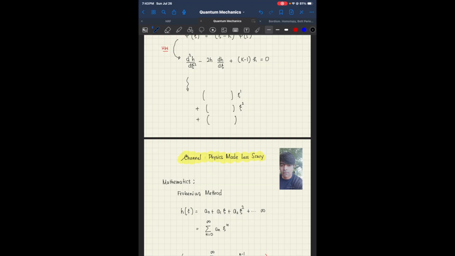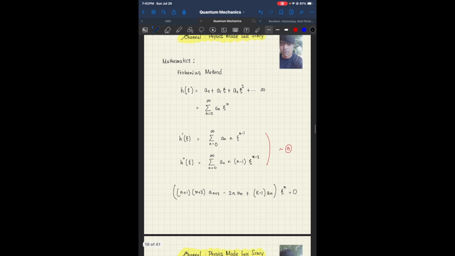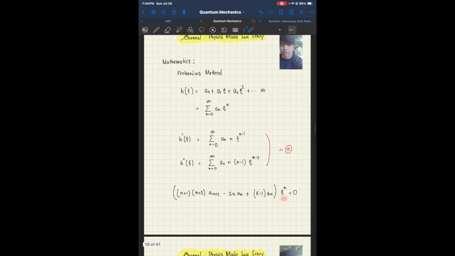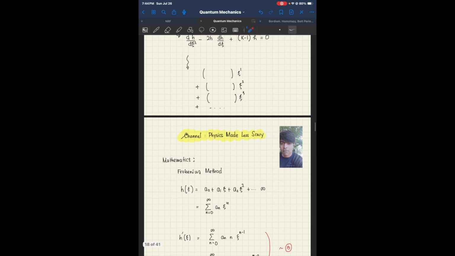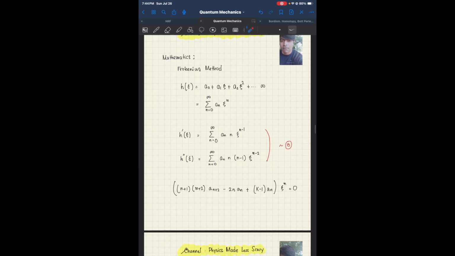This will be the general structure. I have simply written the coefficient of the nth term. This is the coefficient of psi to the n. Which terms would contribute to this psi n coefficient?